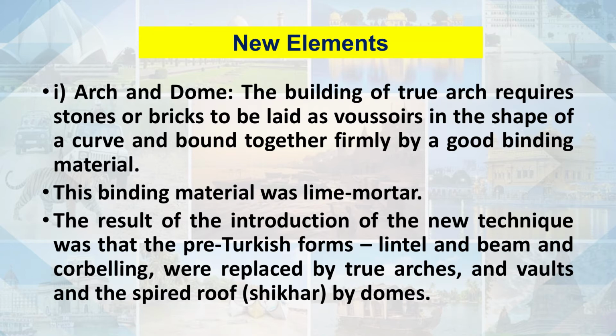This binding material was lime mortar. The result of the introduction of the new technique was that the pre-Turkish forms, lintel and beam and corbelling, were replaced by true arches, and walls and the spired roof, that is shikhar, by domes.